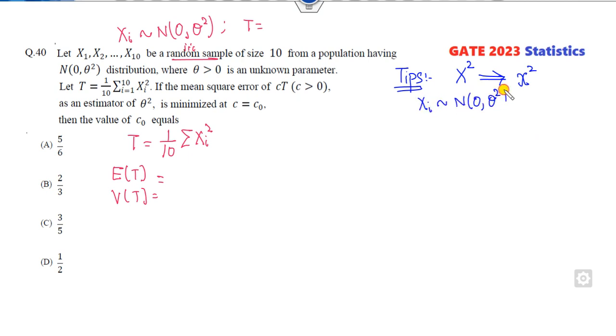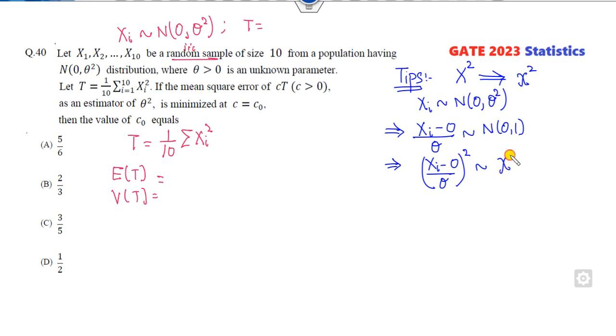If you subtract 0 and divide by the standard deviation, it follows the normal distribution 0, 1. If I take the square, xi minus 0 whole square, it follows the chi-square distribution with parameter 1.